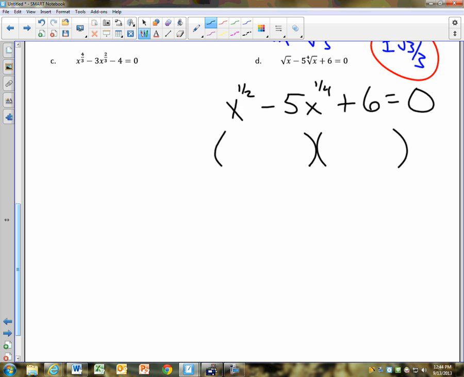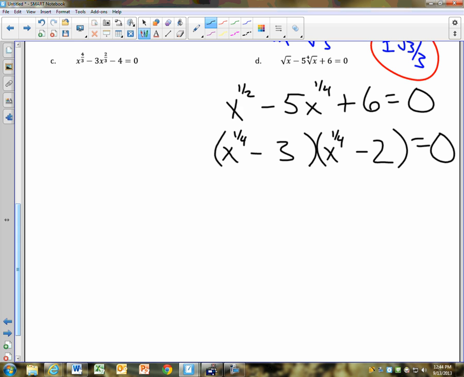Looks like this should factor. What multiplies to give you x to the 1/2? X to the 1/4 times x to the 1/4 makes x to the 1/2. -3, -2.